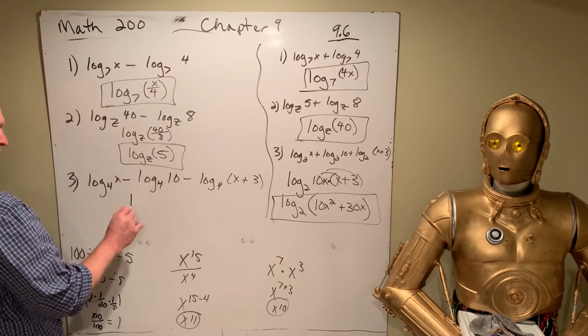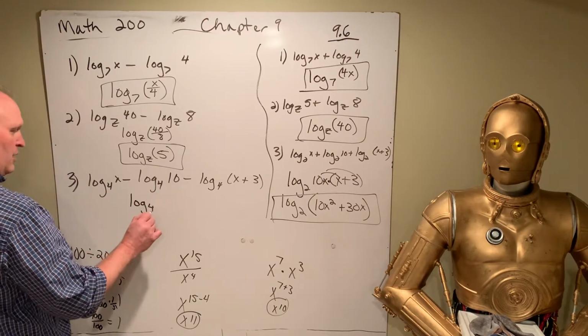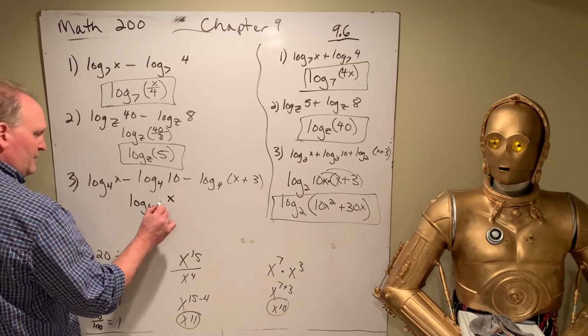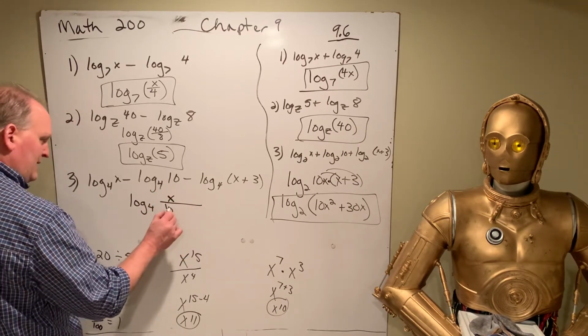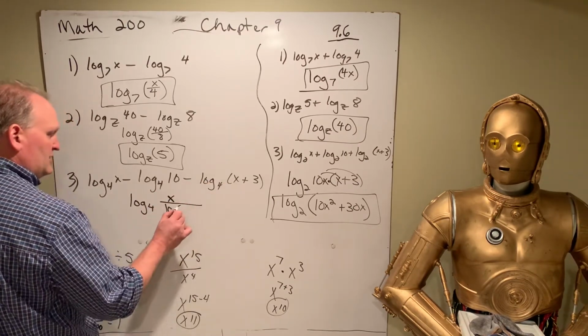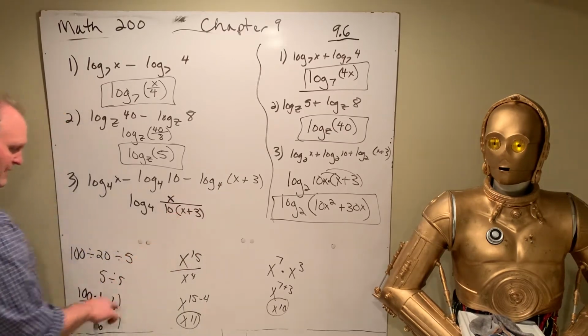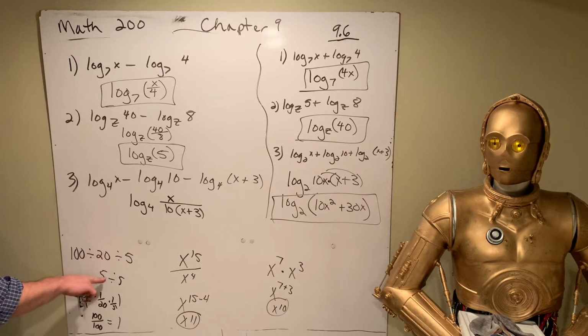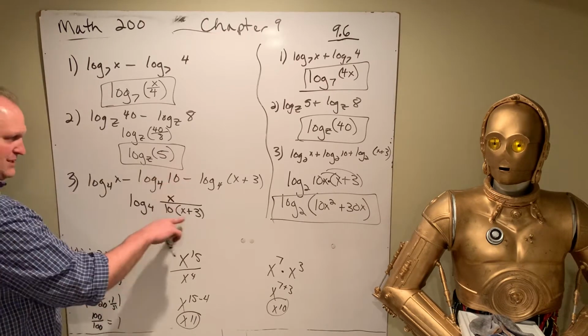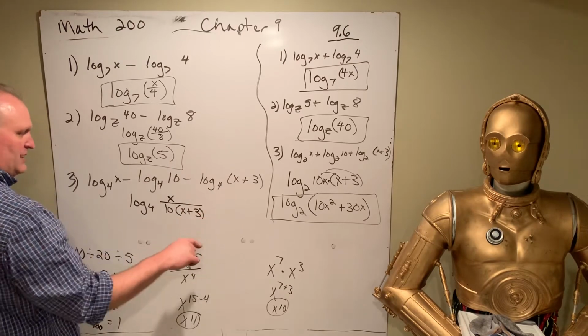I'm going to have log base 4 of x over 10 and also x plus 3. The 10 and the x plus 3 are in the bottom, just like how this became 1/20th and that became 1/5. That's 1/10 and that's 1 over x plus 3.